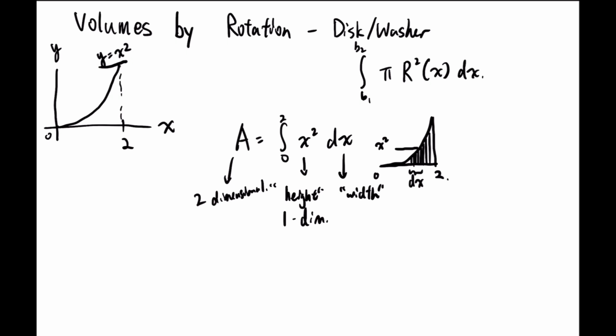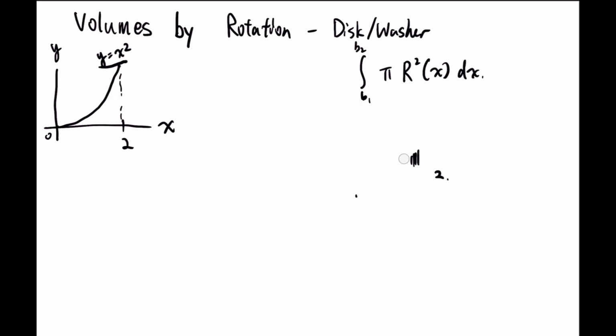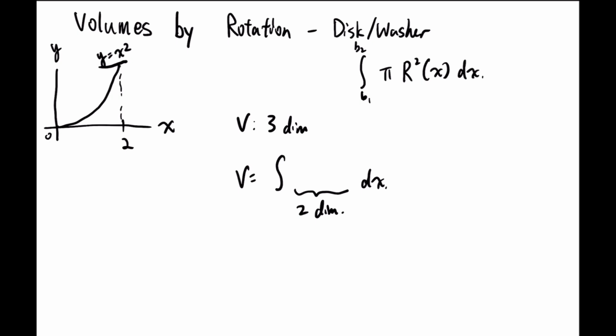So we'll take that same concept and apply it to volume now, right? If we wanted to find volume, which is three-dimensional, that means we need to integrate over some two-dimensional integrand multiplied by dx, which is our variable of integration.